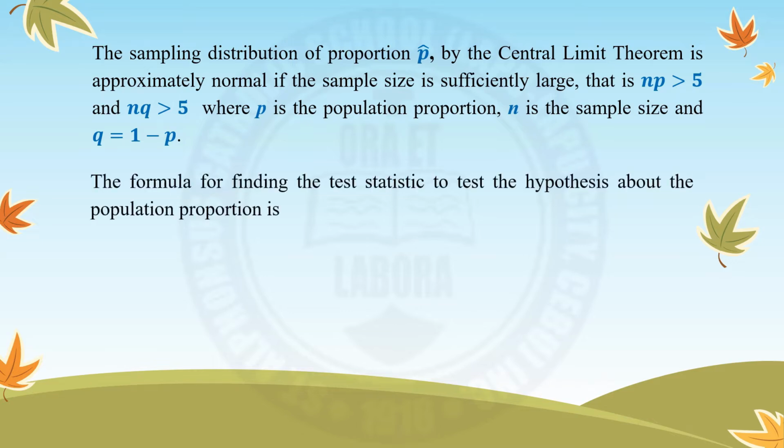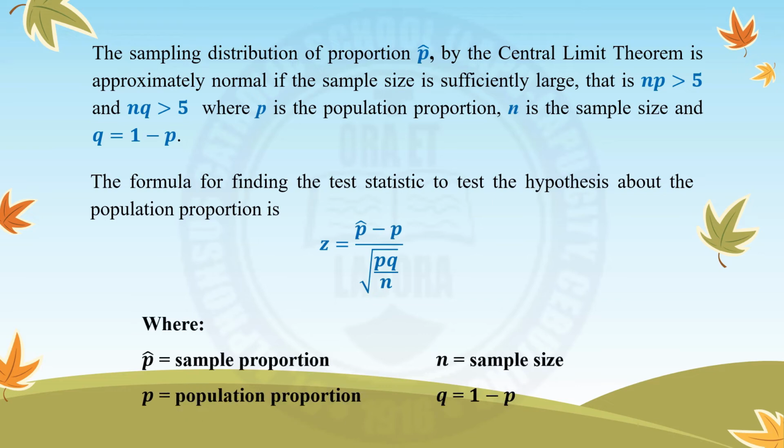The formula for finding the test statistic to test the hypothesis about the population proportion is z is equal to the sample proportion minus P over the square root of population proportion times q over the sample size, which is n.